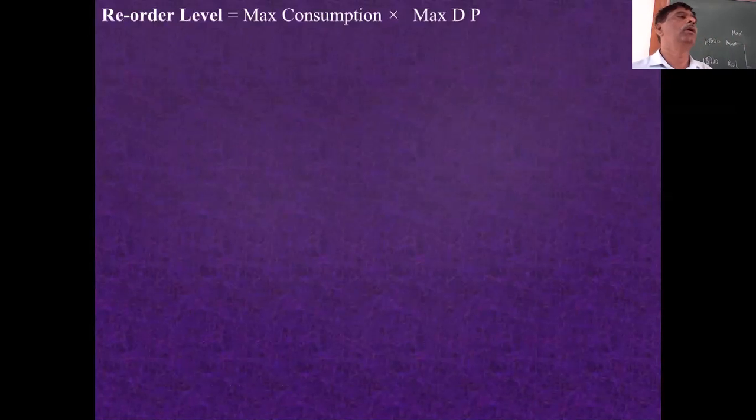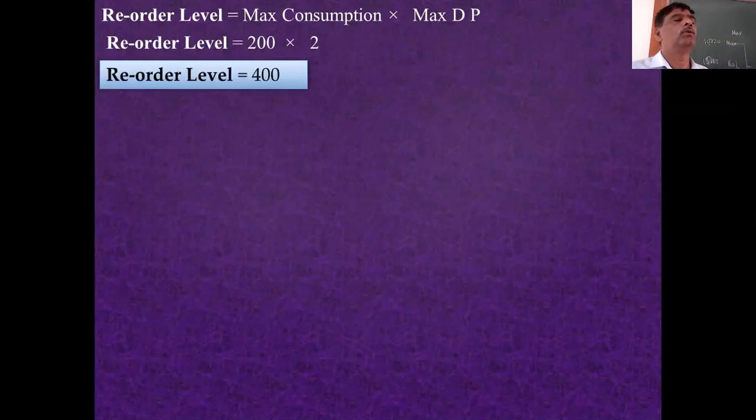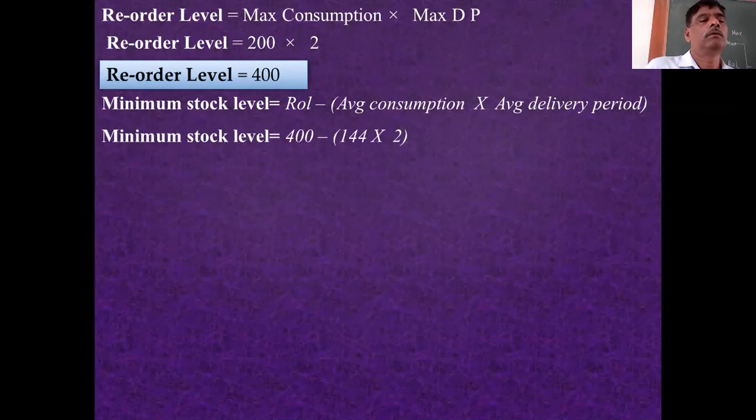First equation, ROL is equal to maximum consumption into maximum delivery period, is equal to 200 into 6. 400 is the ROL. Okay. Then minimum stock level is equal to ROL minus average consumption into average delivery period.